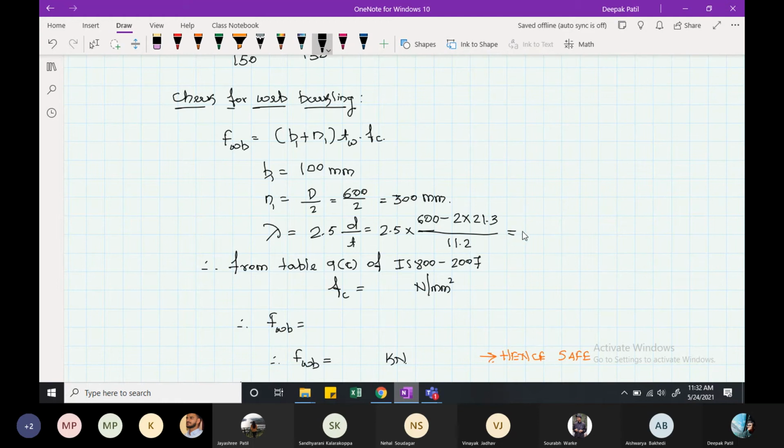From this, you can get the value of lambda. Let me just check. 600 minus 2 into 21.3, this whole thing divided by 11.2, multiplied by 2.5, which is coming out to be 124.41.